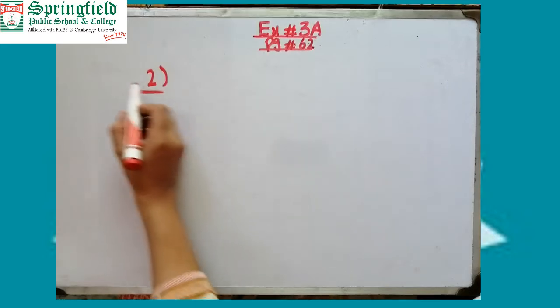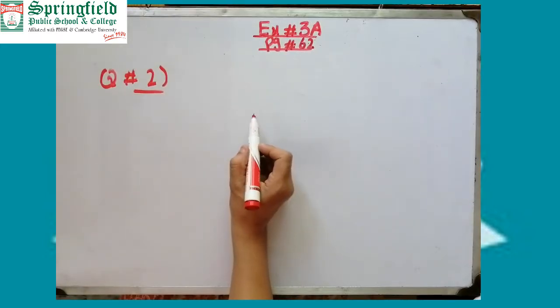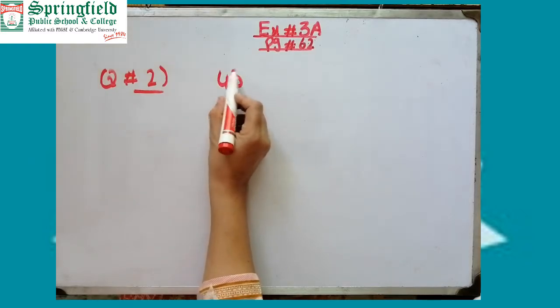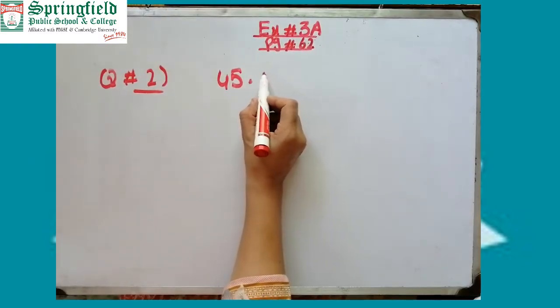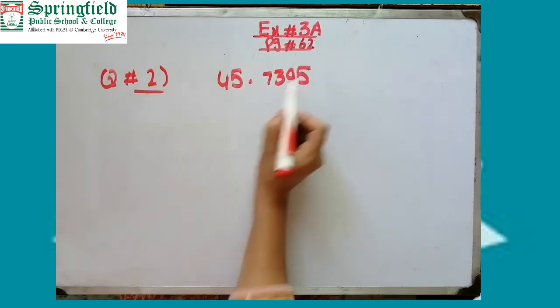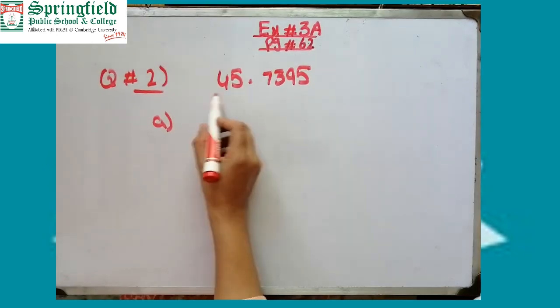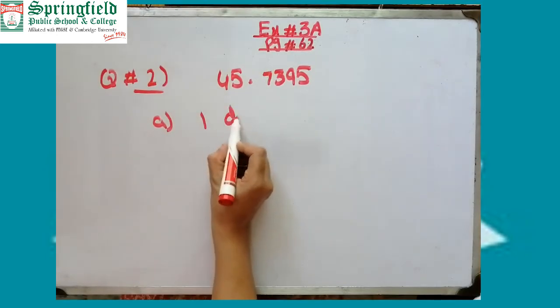A number is 45.7395. And in first part they are saying that round off to one decimal place.